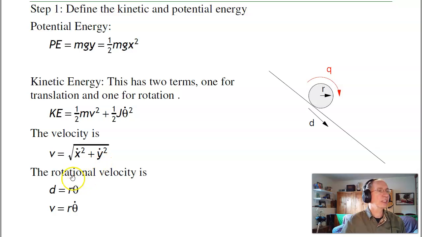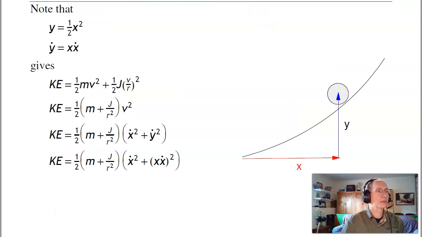For the rotational velocity, the distance it moves is r times theta, where theta is in radians. Take the derivative, and the velocity is r theta dot. And note that y is 1/2 x squared, so y dot, taking the full derivative, is x x dot. The partial with respect to x gives you x, and the partial of x with respect to t is x dot.